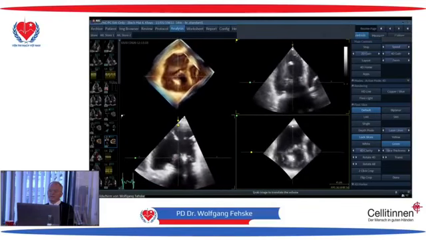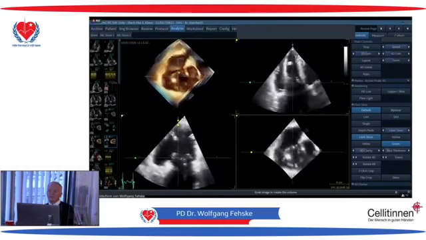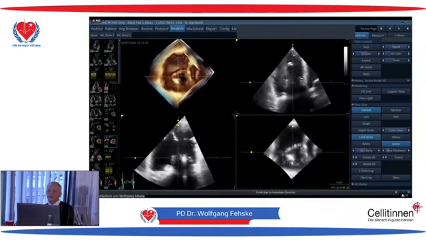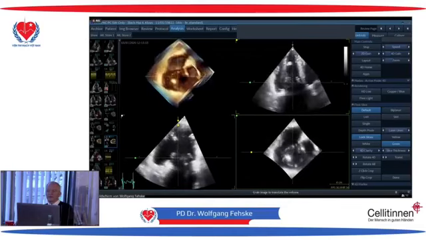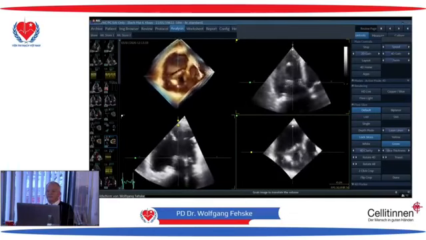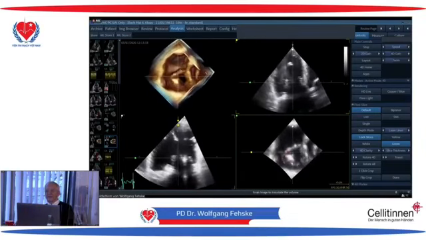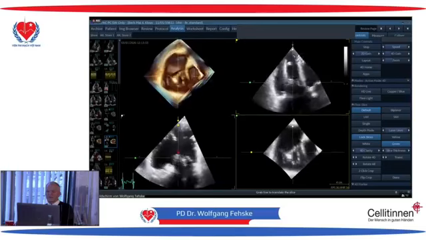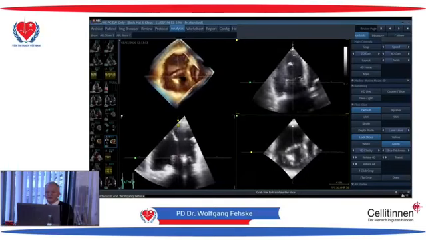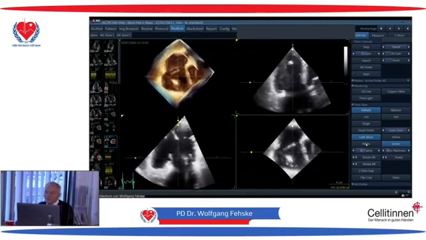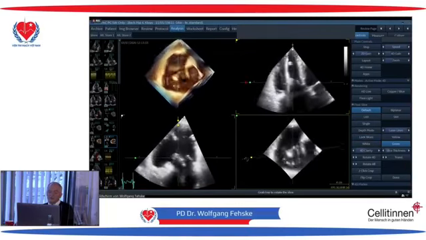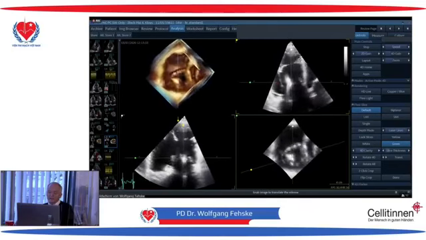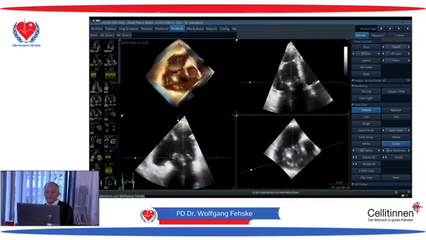So you can see in these yellow images, this is the septal leaflet and the anterior leaflet. This is 3D. This is a restricted motion of the anterior leaflet of the tricuspid valve, and this is the reason why there is this large gap. If you turn this a little bit more around and look at the interaction between the septal leaflet and the posterior leaflet, it is the same.